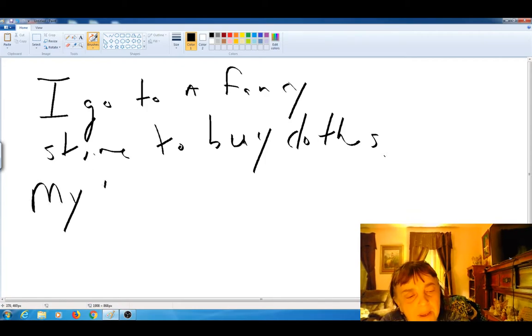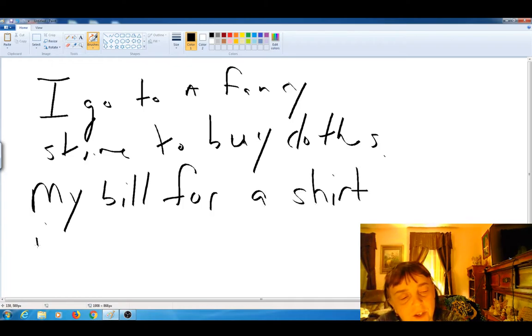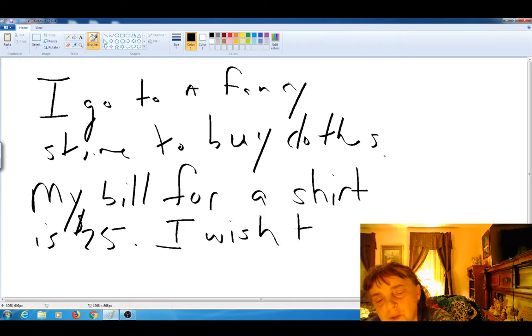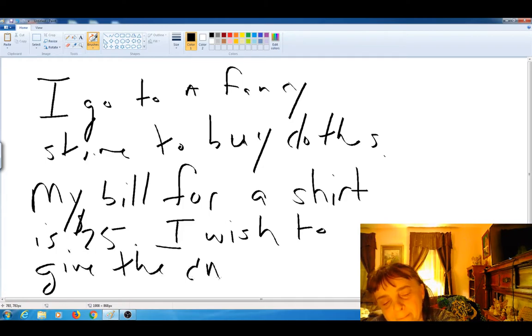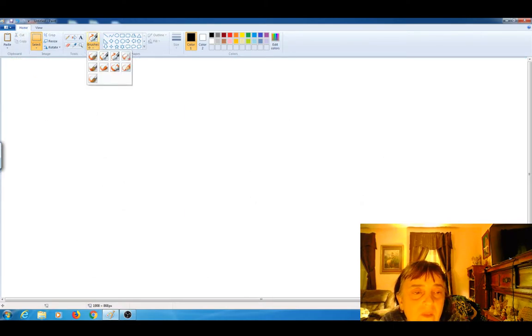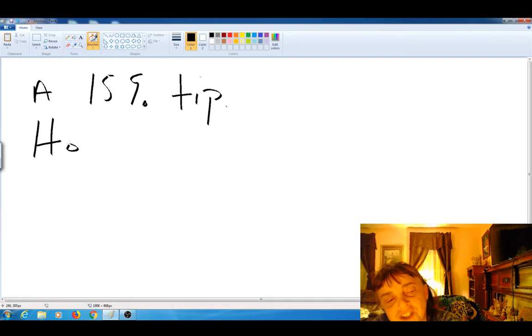My bill for a shirt is $25, and I wish to give the cashier a 15% tip. So how much is the tip?